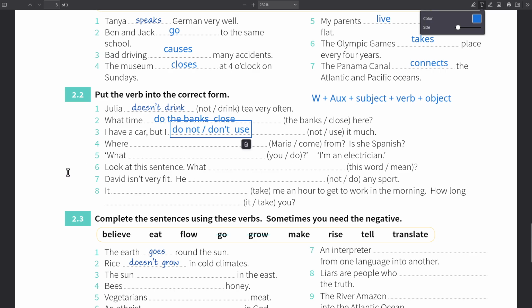Let's move on to the next. Where, right? Our subject is Maria, and our main verb is come, and the complement is "from". Is she Spanish? Because we are talking about the third person, we're going to use a third person auxiliary.